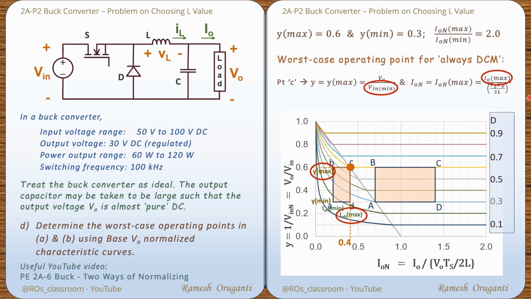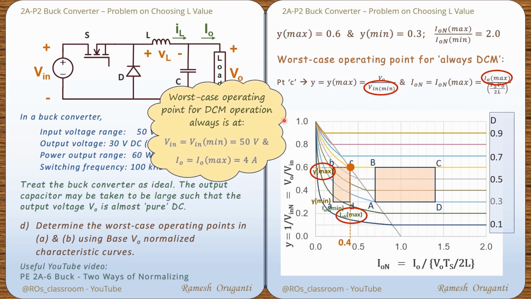So in this problem, the worst case operating point for choosing an inductor such that the operation is always in DCM is V in equals V in minimum equals 50 volts and IO equals IO maximum equals 4 amperes. This is the same result as we got earlier.